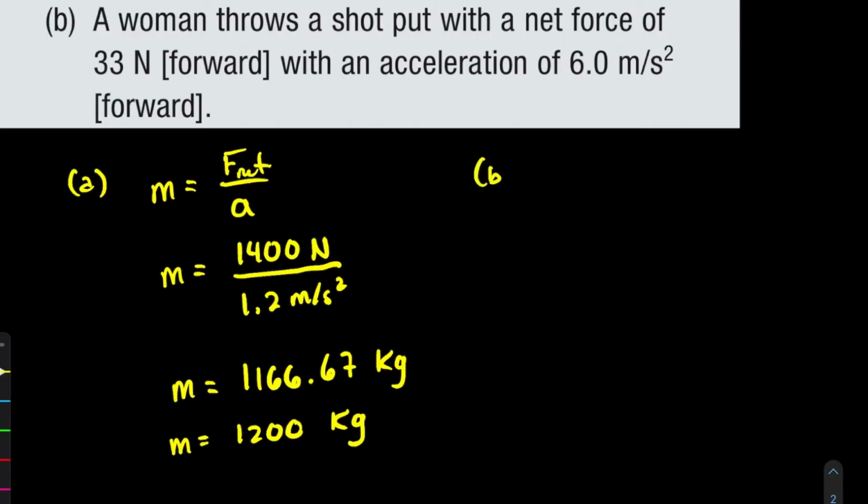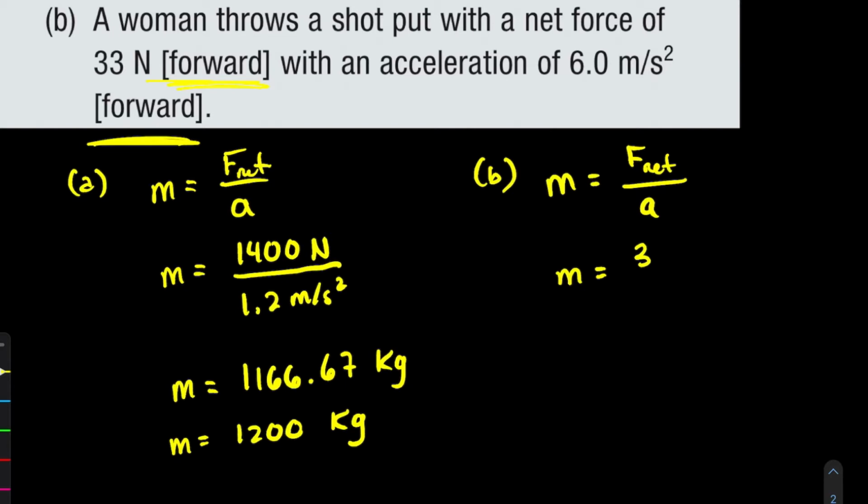Part B, they were also asking us to calculate the mass, so we can take the same rearranged version of the net force formula equation. In this case it's putting in the numbers, but notice once again that the net force is forward and the acceleration is forward, so in the same direction, so we can just take the magnitudes in this case. So we have the question.